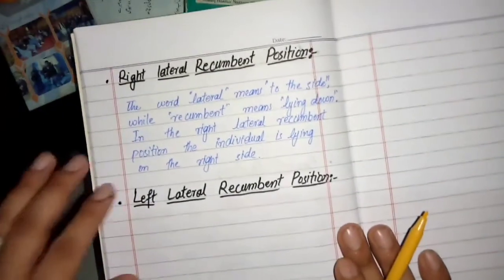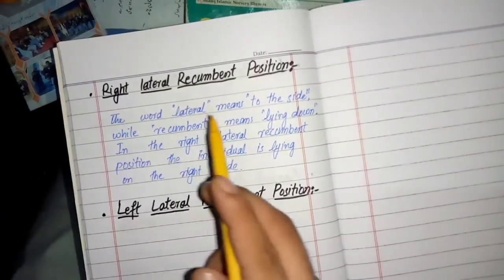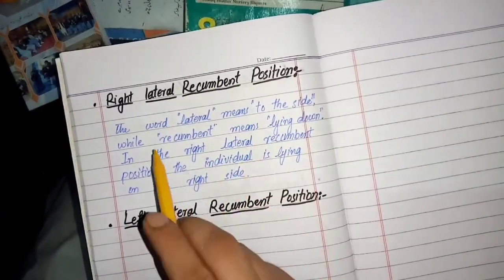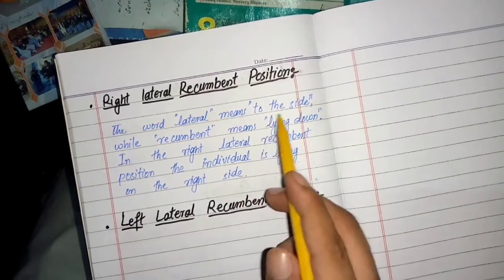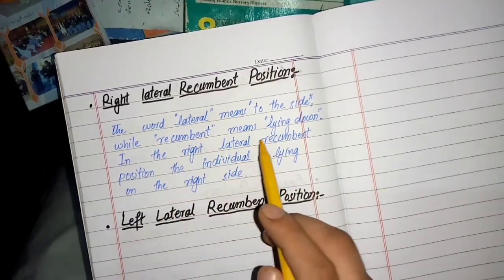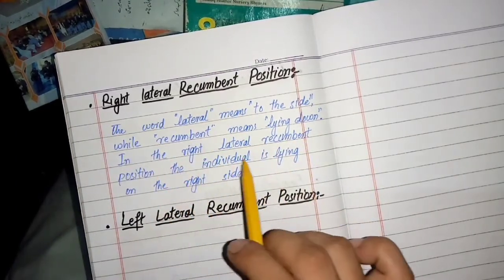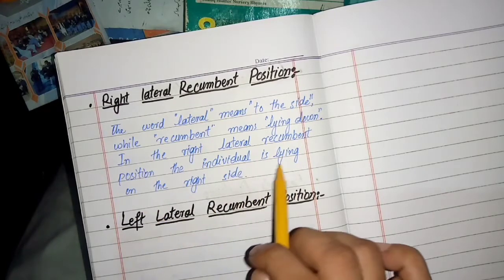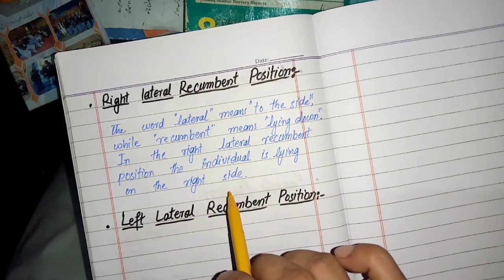Here we have another position, which is the right lateral recumbent position. The word lateral means to the side, while recumbent means lying down. In the right lateral recumbent position, the individual is lying on the right side.